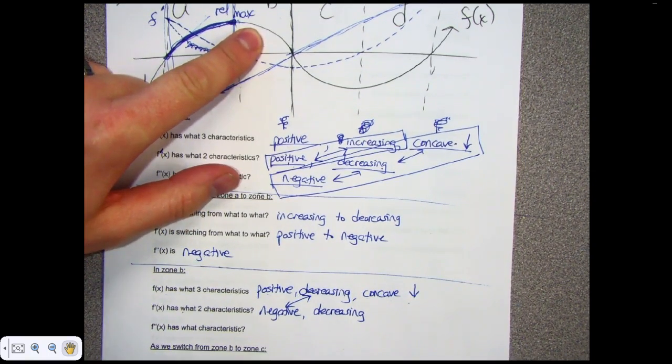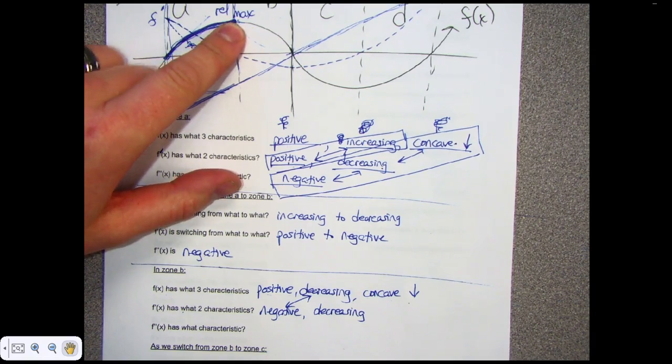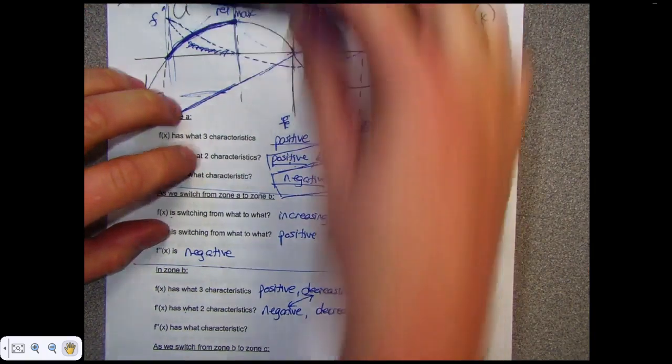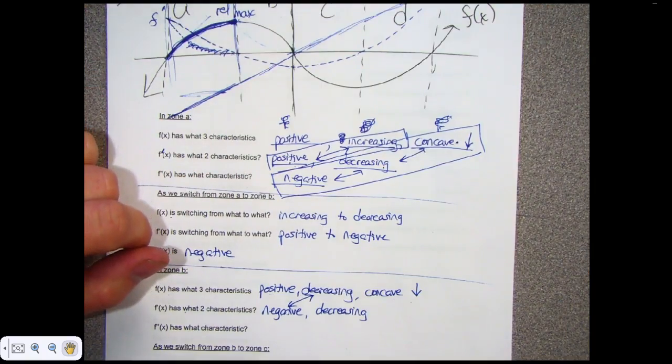Yeah, somebody. The slope is approaching 0. Doesn't it start at 0? And then, looking at f prime, f prime approaching 0.